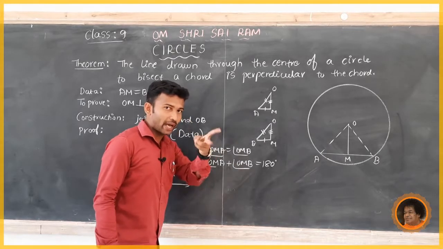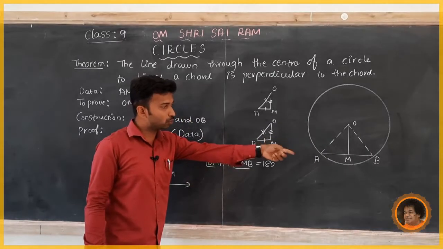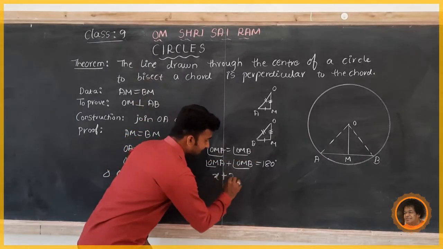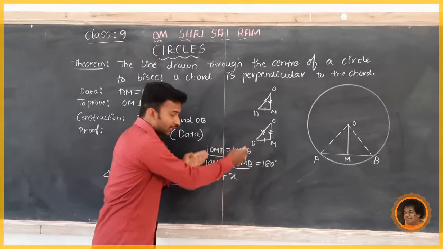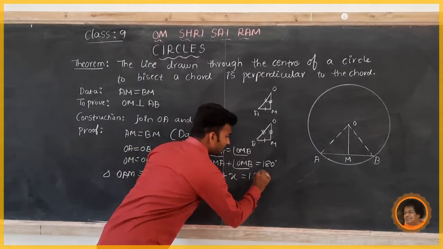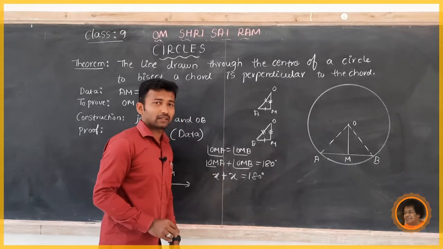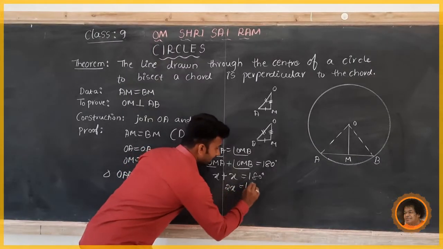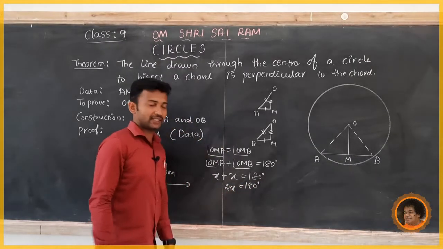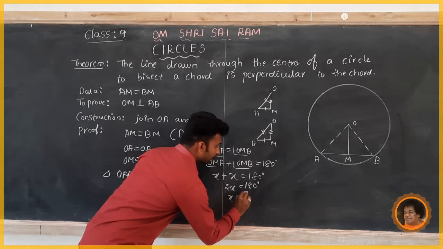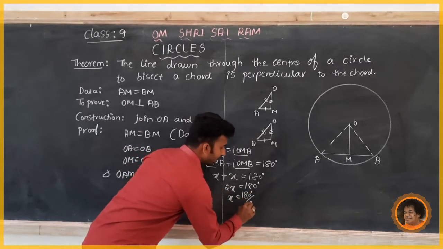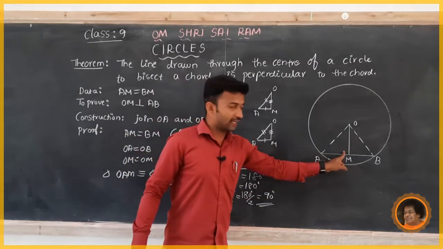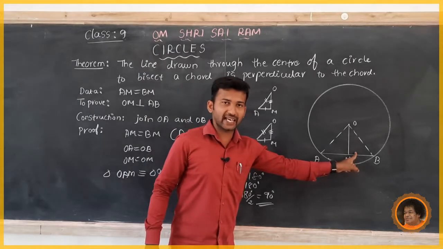We don't know the measures of angles OMA and OMB, but we can take x plus x because both are equal. So x plus x is equal to 180 degrees, that is, 2x is equal to 180 degrees. x is equal to 180 degrees divided by 2, which is 90 degrees. Angle OMB is also equal to x.